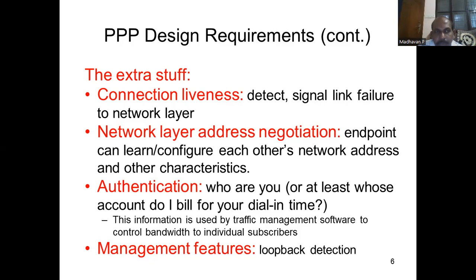We have support for automatic address negotiation, automatic configuration and deconfiguration, and the ability to learn networking parameters and detect what is happening in and around the networks. These are some of the additional features incorporated into this protocol. We also have additional support for management related functionalities and authentication support.